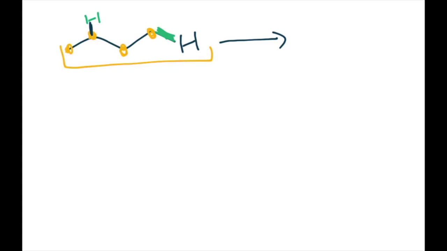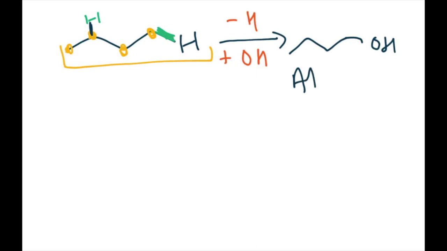But let's say we take off this hydrogen and replace it with an OH. This will make an alcohol. I still have 4 carbons: 1, 2, 3, 4. I can do the same thing.